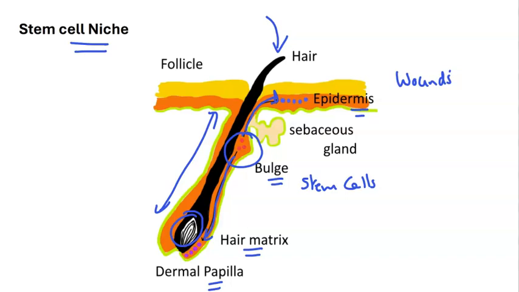A very, very interesting consequence of our hair follicles. Two examples of stem cell niches. There are many others.